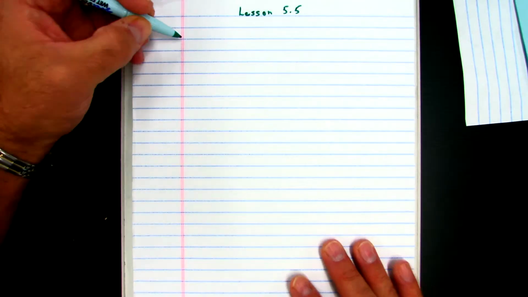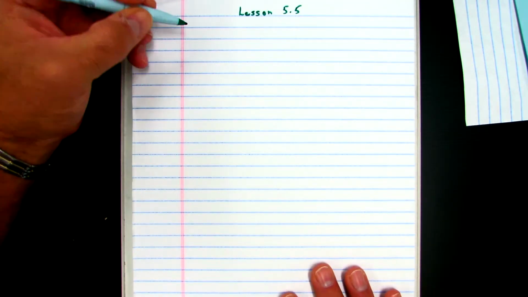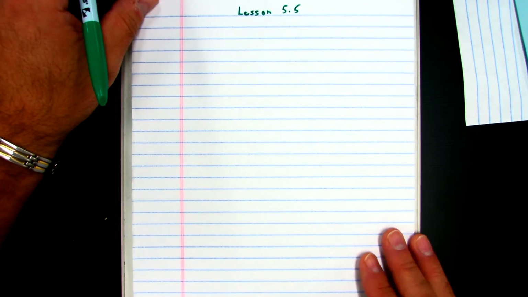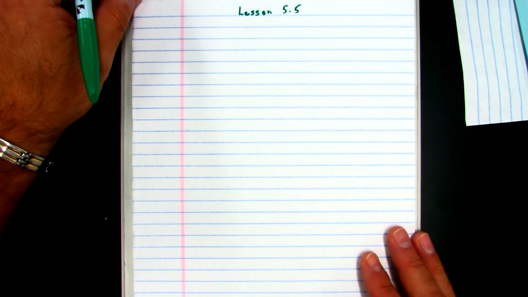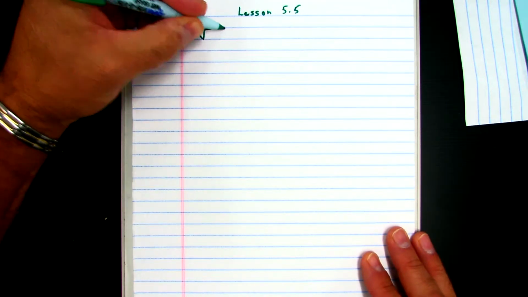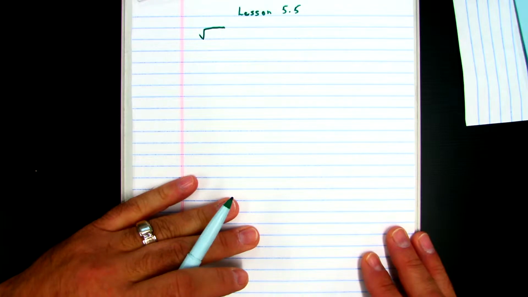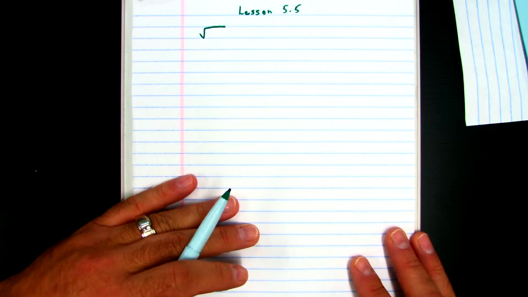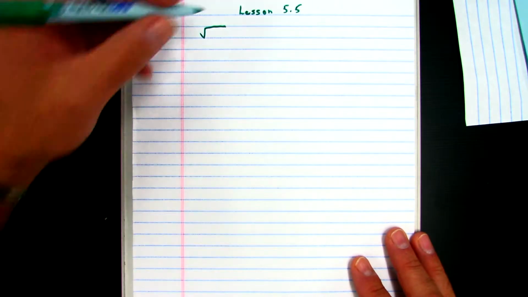All right, here we are, and we're dealing with Lesson 5.5, and in Lesson 5.5, we have to correct some of the things that some of your teachers may have taught you before. We've gone through several things as far as knowing what the names of things are. Many of your teachers have told you that that is a square root. Unfortunately, it is the operation of square root, but this is called a radical.